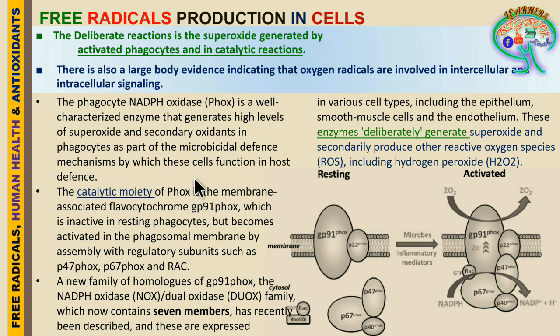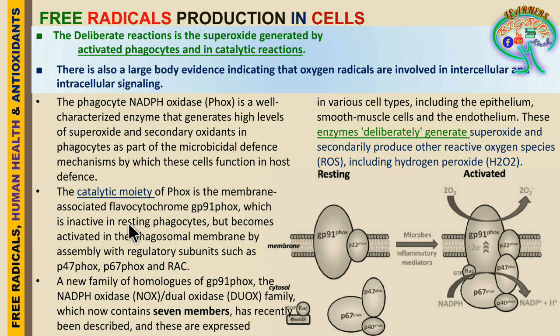So it has the catalytic moiety activity on the associated flavocytochrome GP91 FOX, which is the transmembrane protein, which is the receptor again, or it can be a signaling path.